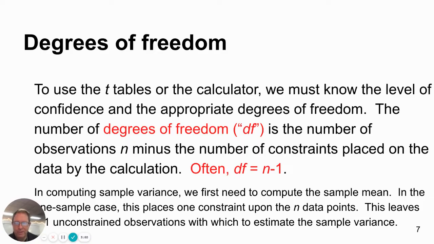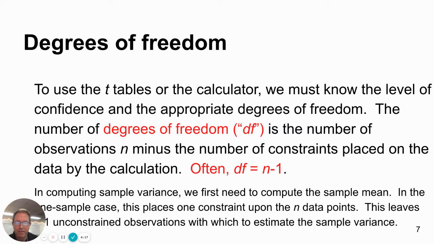So why do we use T star and not Z star? Well, since we don't know the population standard deviation sigma, we estimate sigma by calculating S, the standard deviation of our sample data. However, we just can't substitute S in place of sigma in the formula for the standard error. Whatever value sigma might have, sigma is a constant. Not so with S, the sample standard deviation.